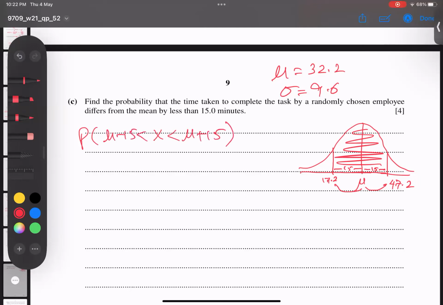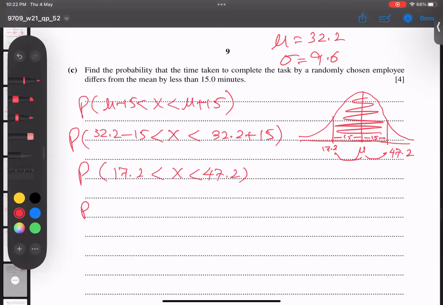So the mean is 32.2 minus 15, and the mean is 32.2 plus 15. If I type this in the calculator, I get 17.2 and here 47.2.